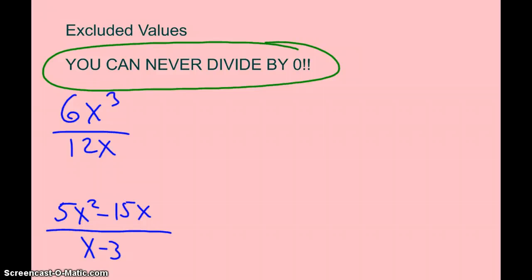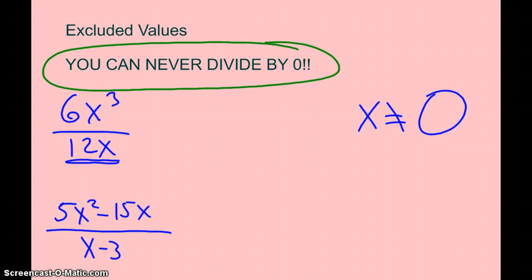So therefore, when I look at this problem here that's given to me, 6x cubed divided by 12x, before I can do any work with that, I need to make this statement. X cannot be 0. Because if x were 0, 12 times 0 on bottom would create a 0 in the bottom of a fraction, and that cannot happen.